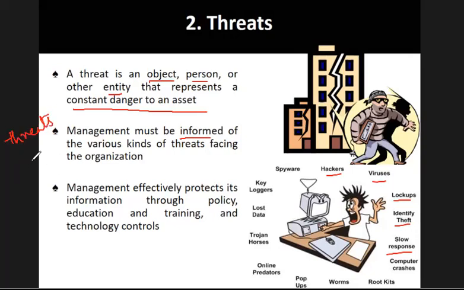These threats are going to be grouped into multiple categories. You're going to identify under what category these threats fall. When the management gets to know the different categories of threats, they might put into place different policies or different programs so that you can reduce the risk to the particular organization.